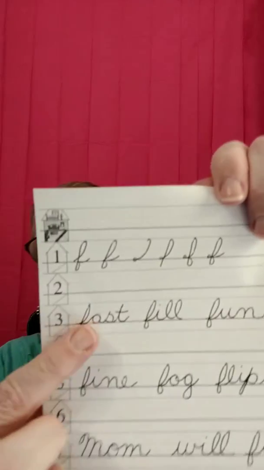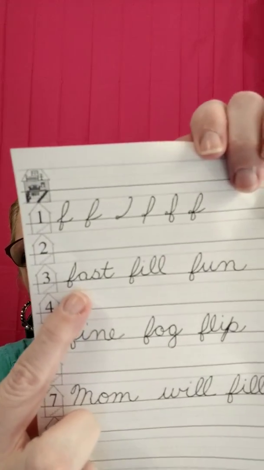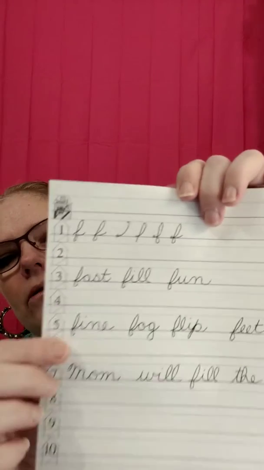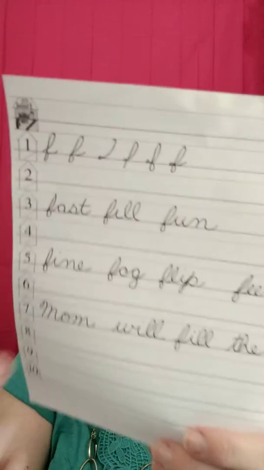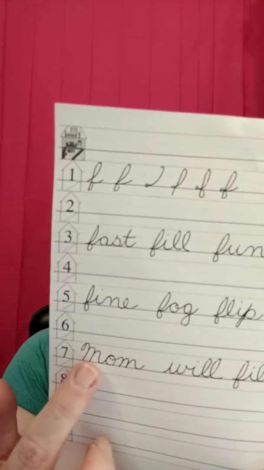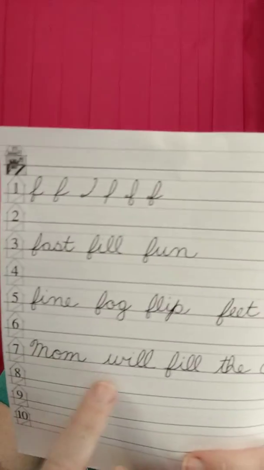And then remember to trace, then write. Trace, then write. Now you have one sentence down here you're going to write. Don't forget your punctuation at the end. Okay? And remember, we just covered capital M again, so we're going to be doing just fine. Mom will fill the cup.